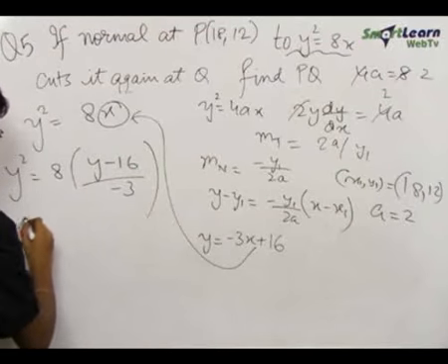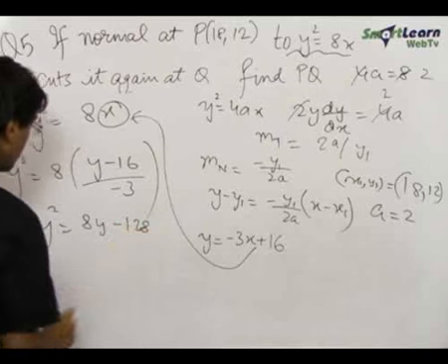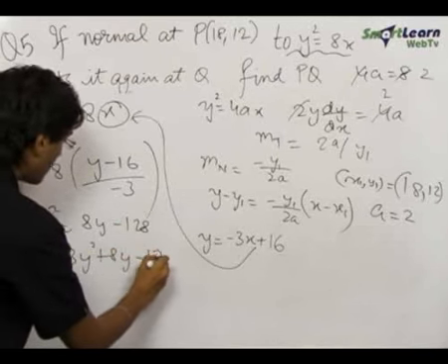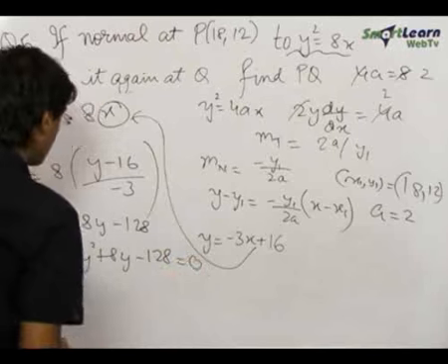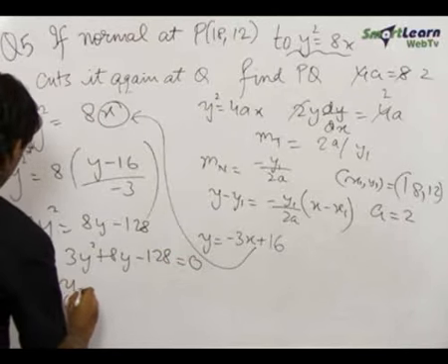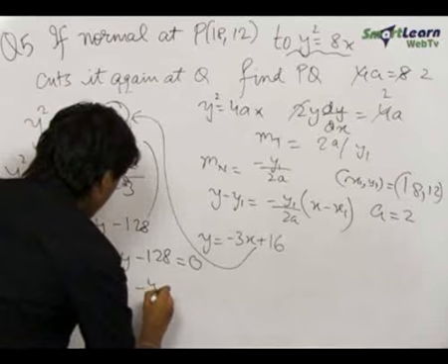So this becomes −3y² = 8y − 128, or 3y² + 8y − 128 = 0. Hence we have found the values of y as 12 and −44/3.